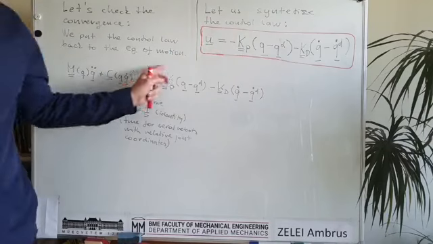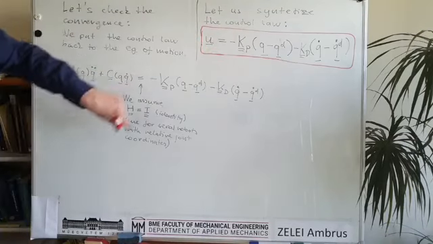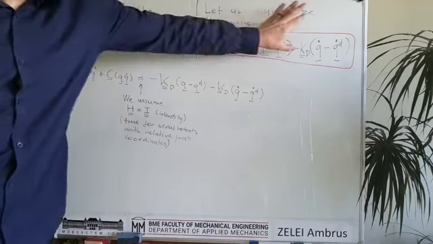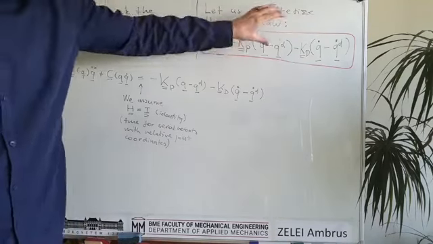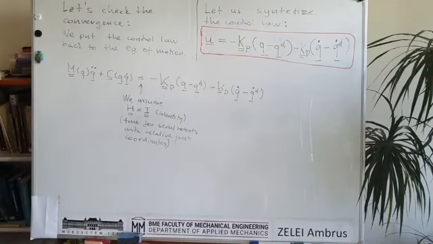Okay, so instead of the control force, we just put our control law, and this control law was just arbitrarily found, so we can just put anything here. So we put here the PD controller, and now let's see what happens at an equilibrium point.